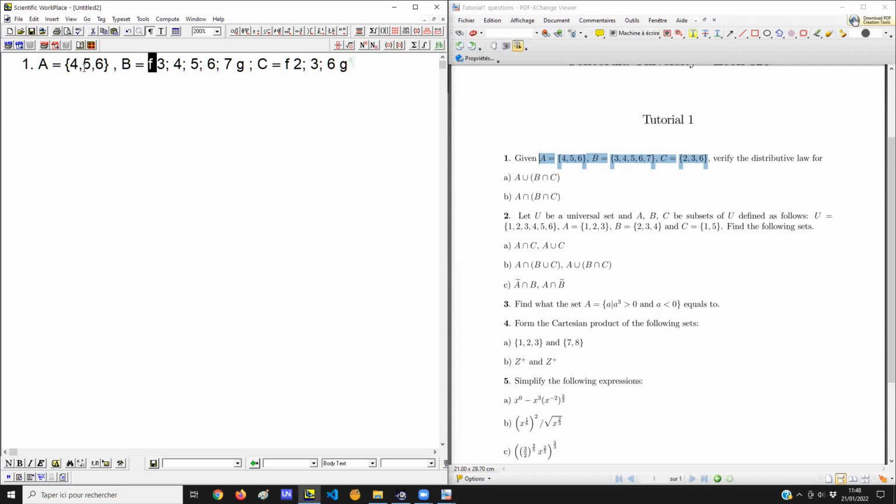B equals 3, 4, 5, 6, 7, and C equals 2, 3, and 6.